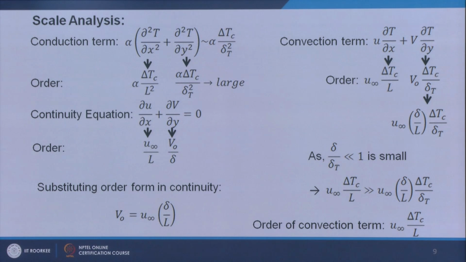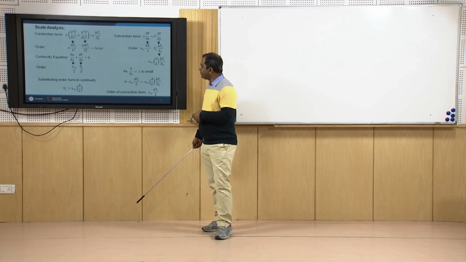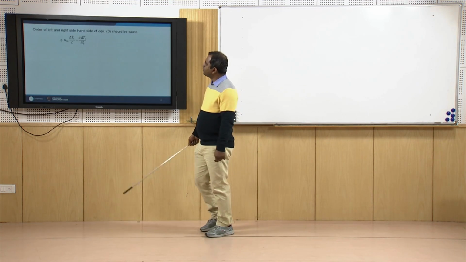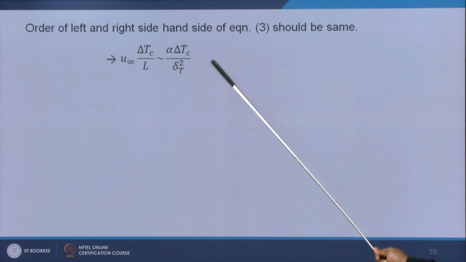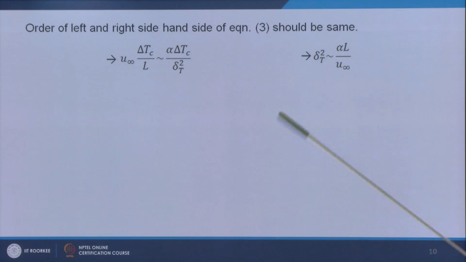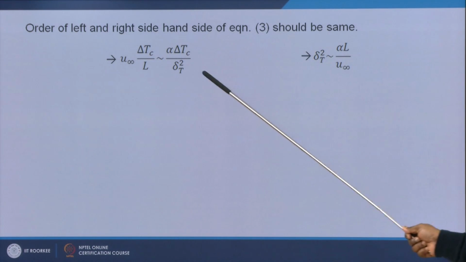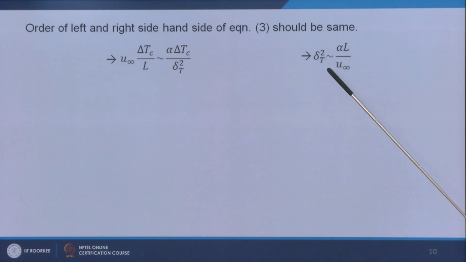So from the equation, if we see the scale analysis from both the sides, we can have a comparison between the scales of conduction and convection, and if we do so, this was my convection and this was my conduction. Okay, so from here, after cancelling out delta Tc from both the sides, we get delta T square equals alpha L by u infinity.